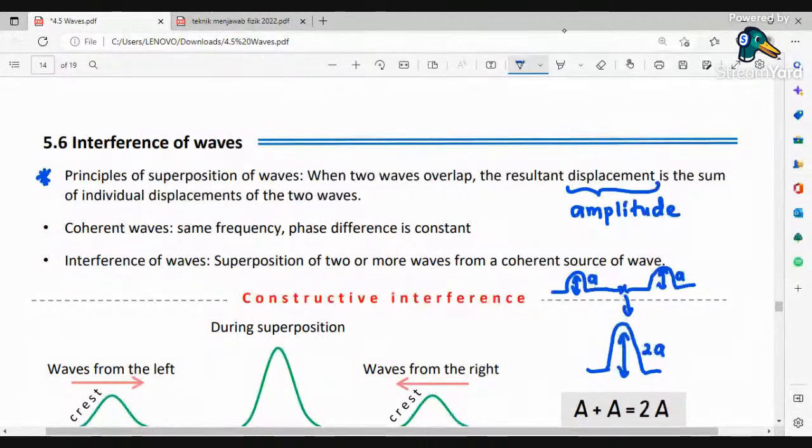So this one we call interference. So you must know this one, principle of superposition of waves.